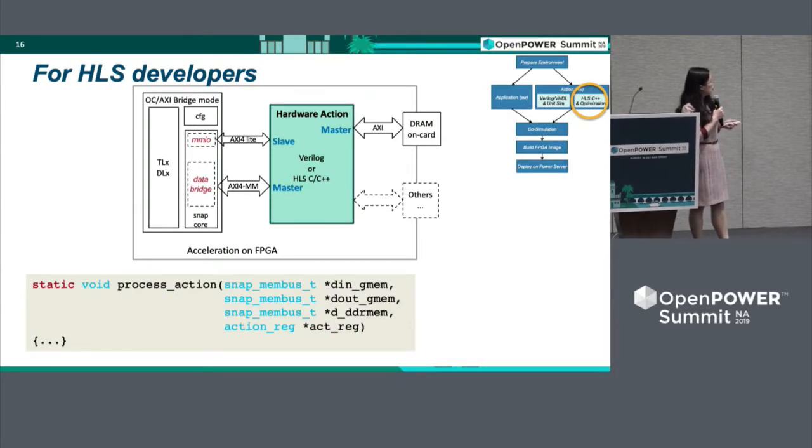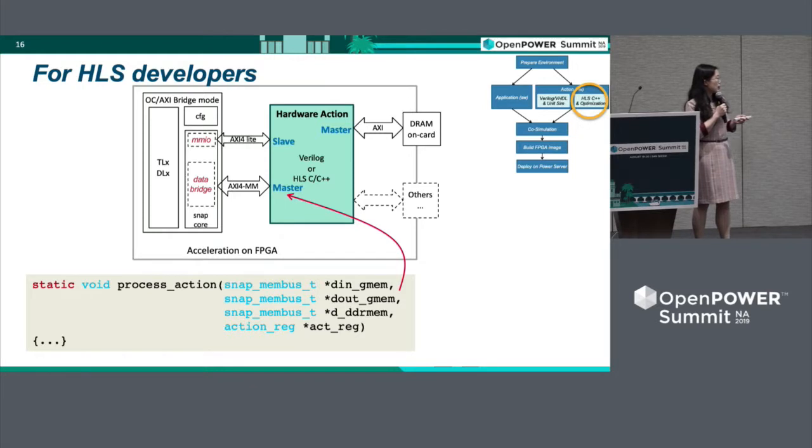All right, if you are a C++ HLS developer, things are quite easy to start. On this page, you just pay attention to this function. This is the entrance. It has 4 arguments. The first ones, din_gmem and dout_gmem, are simply mapped to this master interface.